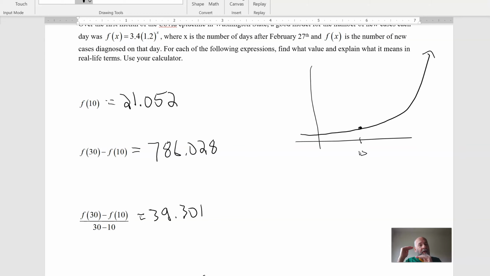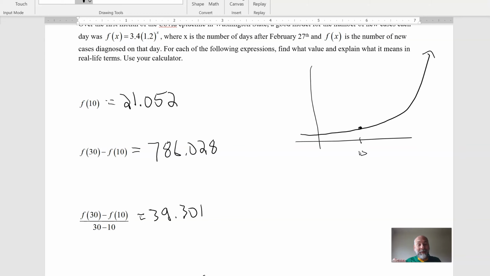So 786 is the difference over 20 days, and so that's the rate of change that you should have studied in your algebra classes. On average it was going up about 39 new cases each day for those 20 days.